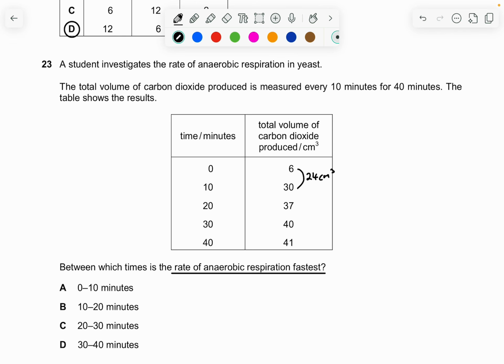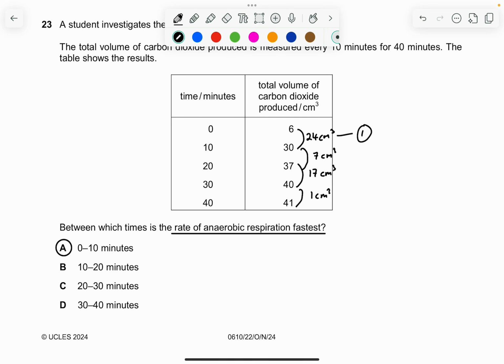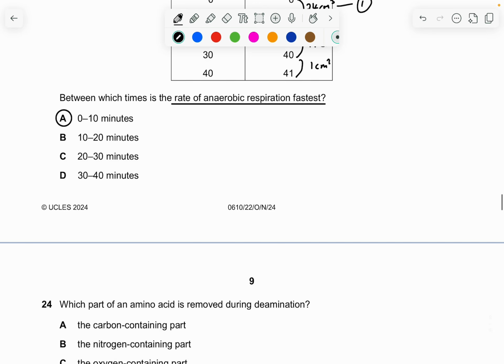Between 30 and 40 there is about 17 cm cube, and this one is only 1. Between 30 and 37, it is about 7 cm cube. So the fastest will be this one. The answer is 0 to 10 minutes. Please follow this answer. Ignore what I said previously. I did not understand the question at first.